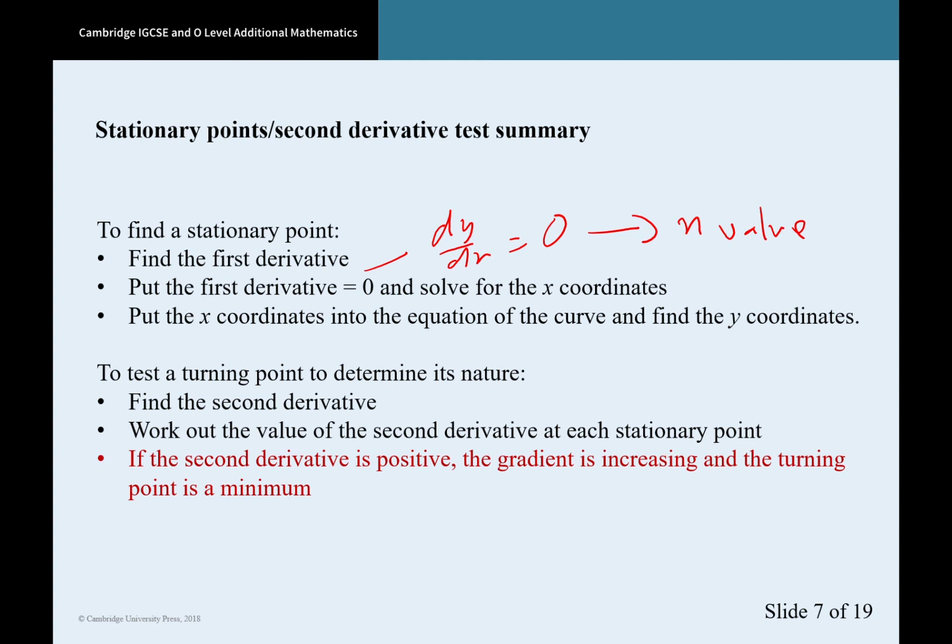And when we get the value of x, differentiate for the second time. Find the second derivative and work out its value at each stationary point, so substitute into our second derivative and you will get the value.